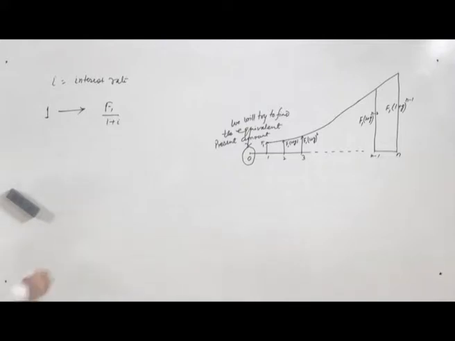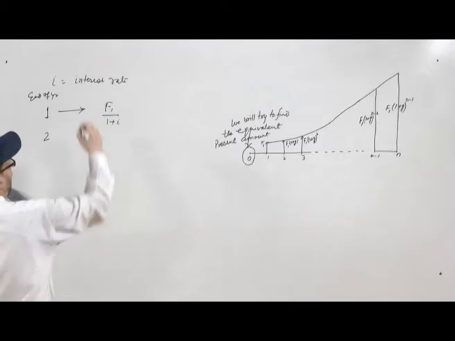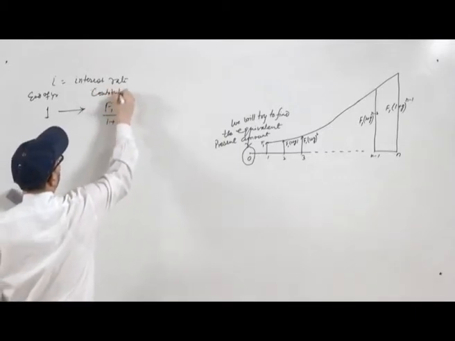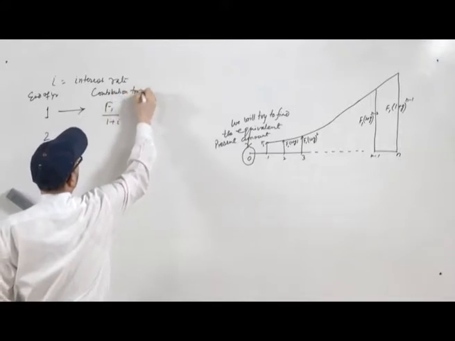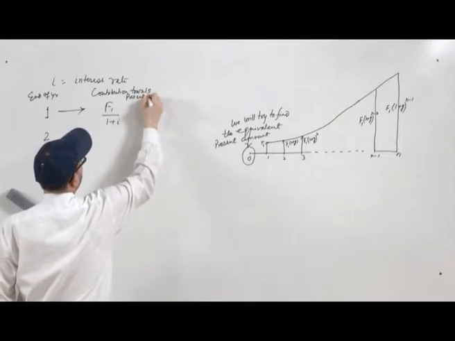In the second year, this is end of year and this is the contribution towards present amount.